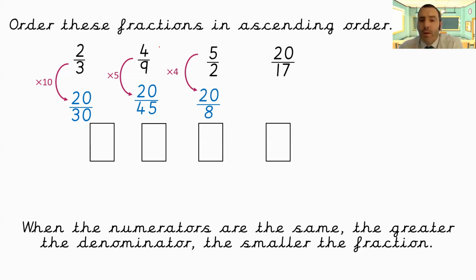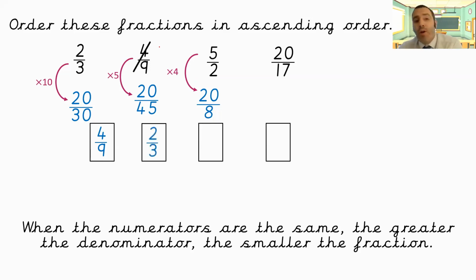And now it's just a question of looking at the denominators. So I want to start with the largest denominator because that's the smallest fraction. So 4/9 is the smallest fraction there, 20 over 45. So remembering our rule that's written at the bottom of the page, that's the smallest we have. Going to cross it out as well so I don't accidentally write it in again and end up getting this answer wrong.